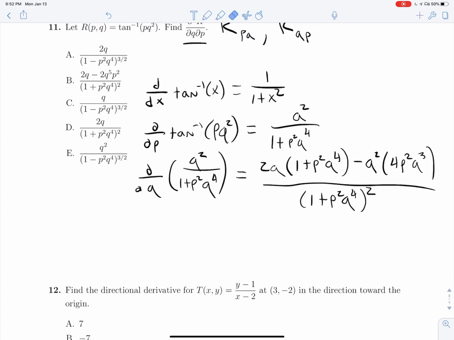Okay, let's start expanding our numerator here because we can simplify this pretty drastically. So our numerator is going to turn into 2q plus 2p squared q to the fifth minus 4p squared q to the fifth. And all this is going to do is simplify down to negative 2p squared q to the fifth all over quantity 1 plus p squared q to the fourth squared, which is answer choice B.